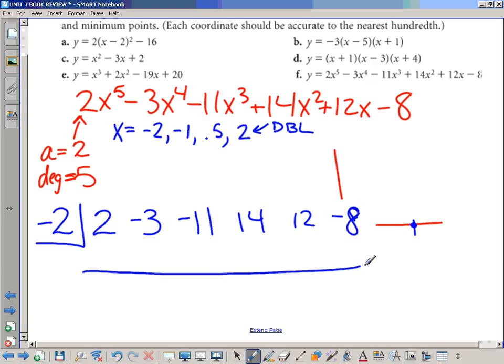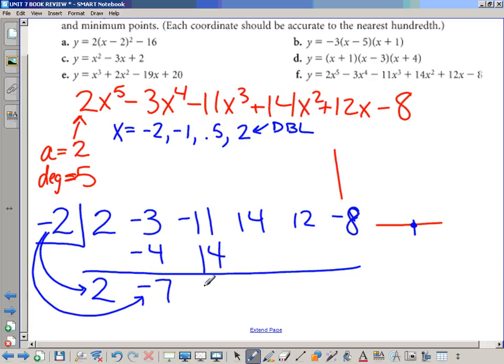Once we make the big line underneath, how does synthetic division get kicked off? What do you start with? Bring the 2 down. Multiply. What do you get up here? -4. Add. -7. Multiply. What do you get? 14.